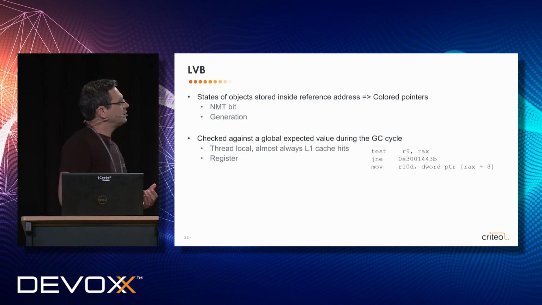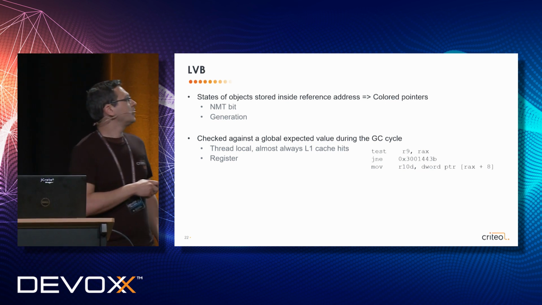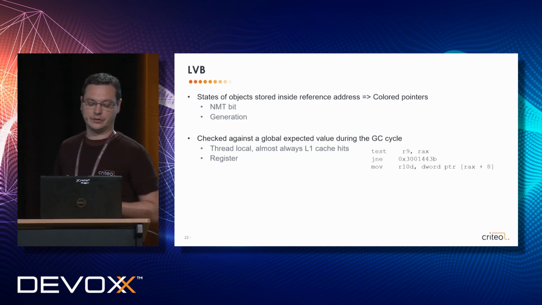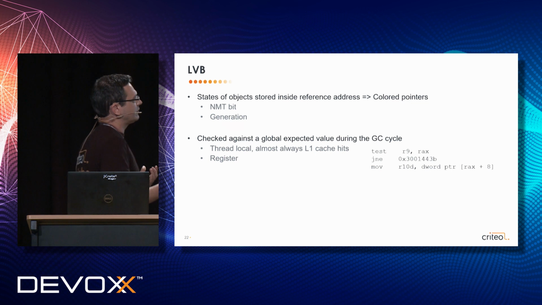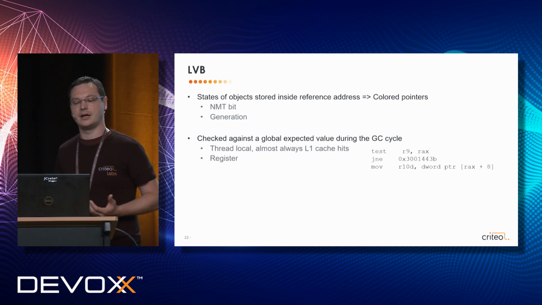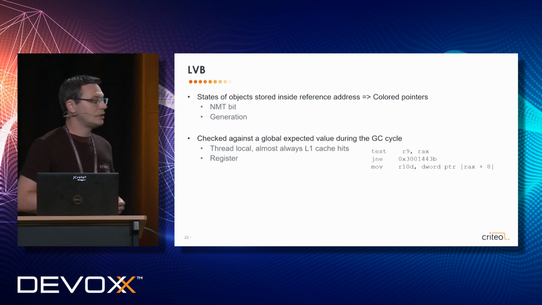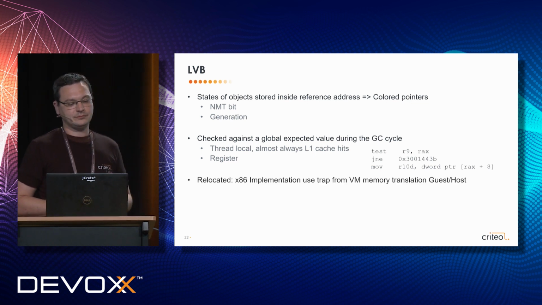This is the version with the register. We just test the two registers. R9 is the register that stores the current GC state. And then if it's okay against the reference address stored in AX, we can move on. Otherwise, we jump into the self-healing process.